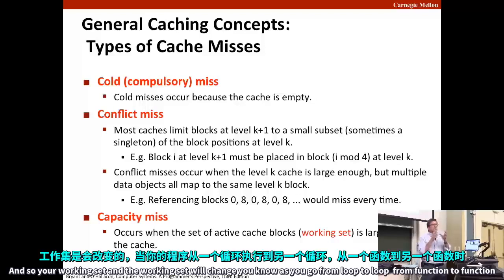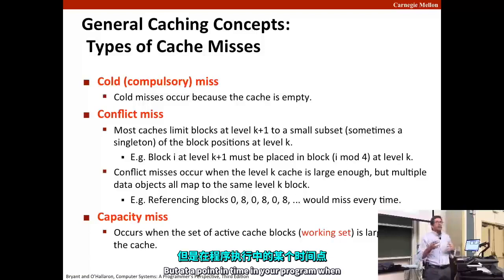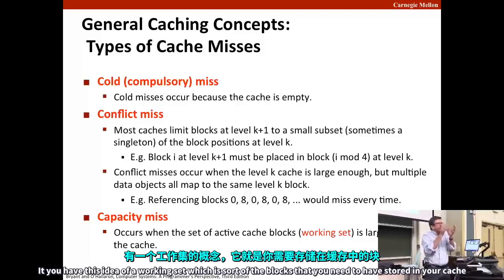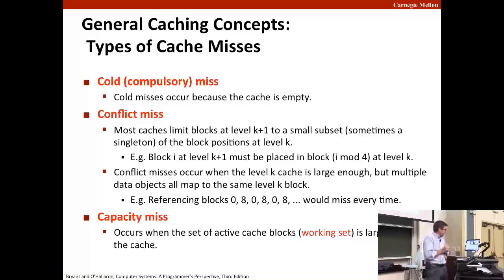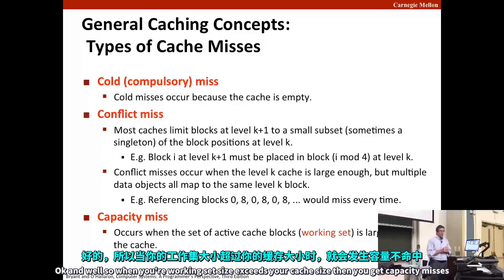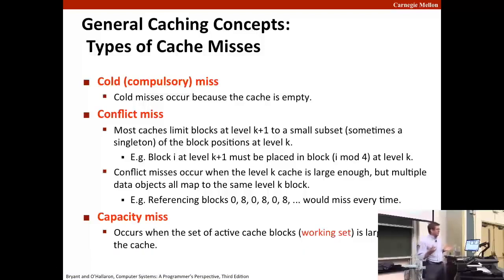The working set will change as you go from loop to loop, or from function to function. But at any point in time in your program, the working set is the blocks that you need to have stored in your cache. So when your working set size exceeds your cache size, then you get capacity misses.